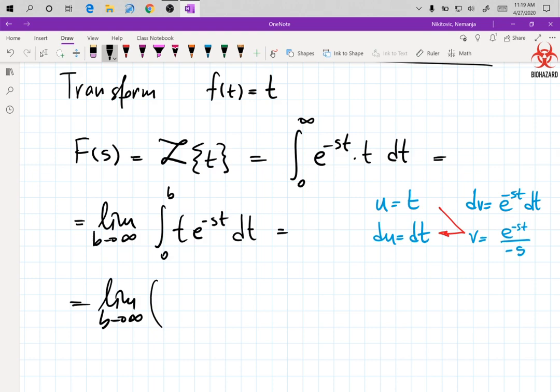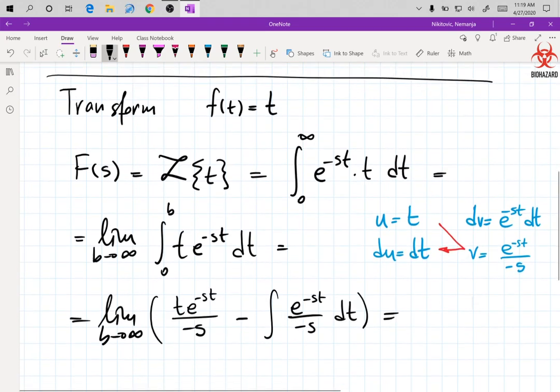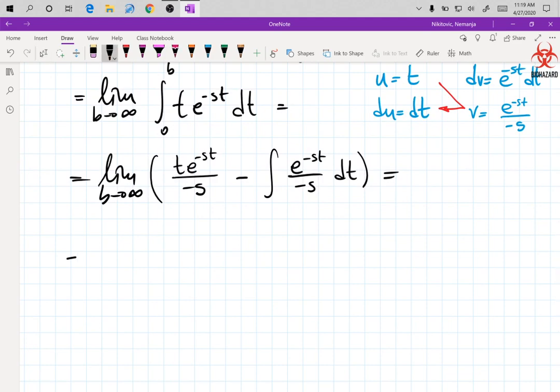So make sure you can do those. Alright, so now we have our t e to the negative st divided by negative s minus the integral of e to the negative st over negative s dt. When we plug in integration by parts, using the formula, now we have limit b goes to infinity.